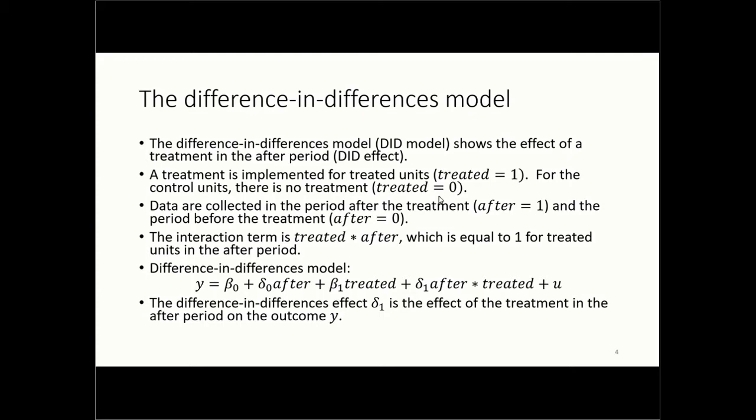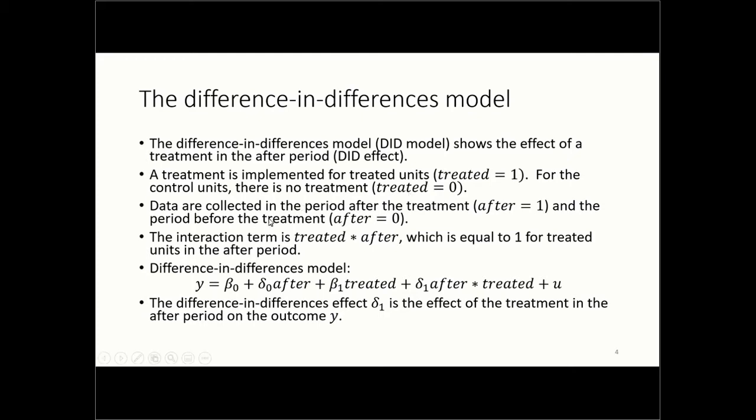Data would be collected in the period after the treatment and before the treatment. So here we would have another variable, after, equal to 1 for the period after the treatment, and for the period before the treatment, after would be equal to 0. The interaction term would be treated times after, which would be equal to 1 for the treated units in the after period.